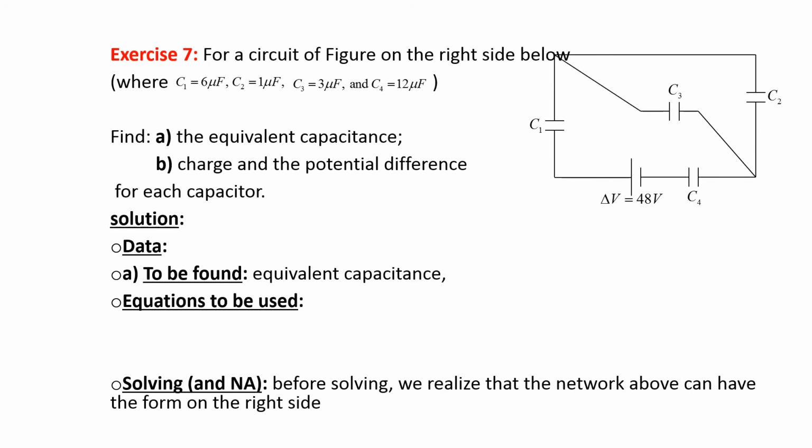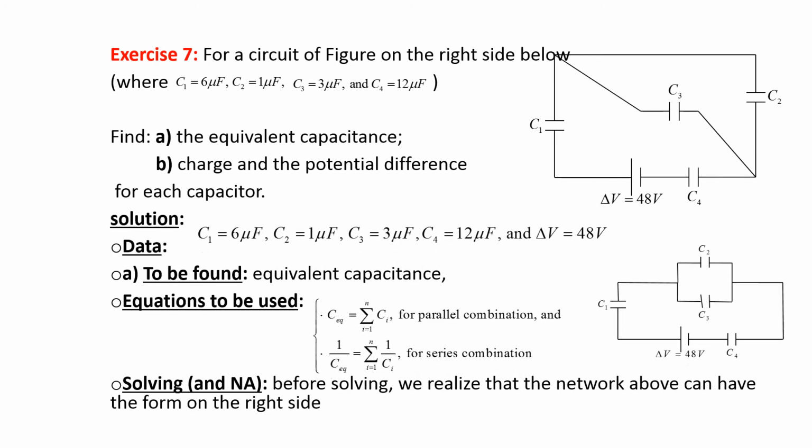As the solution, we need to write down the given data and what is to be found, and then write down the equations to be used. We first simplify the diagram.